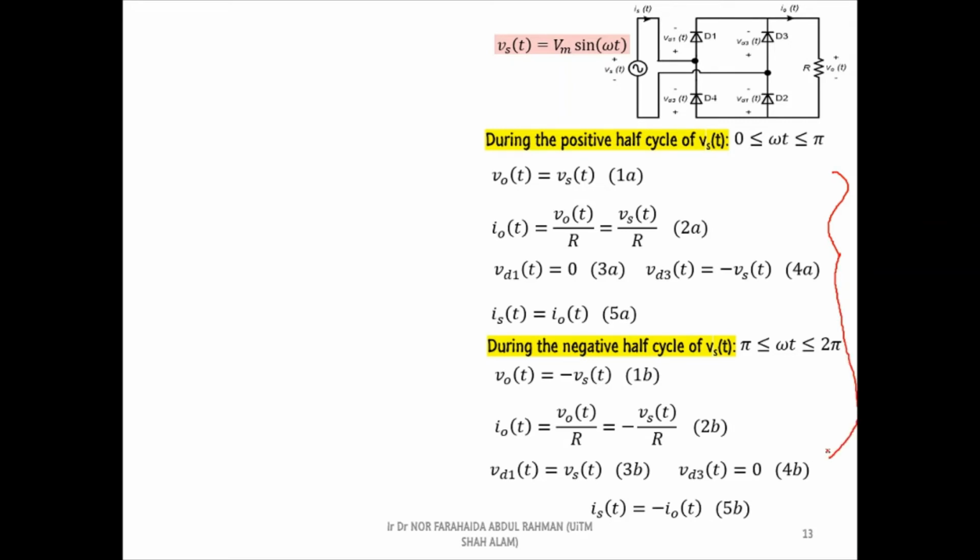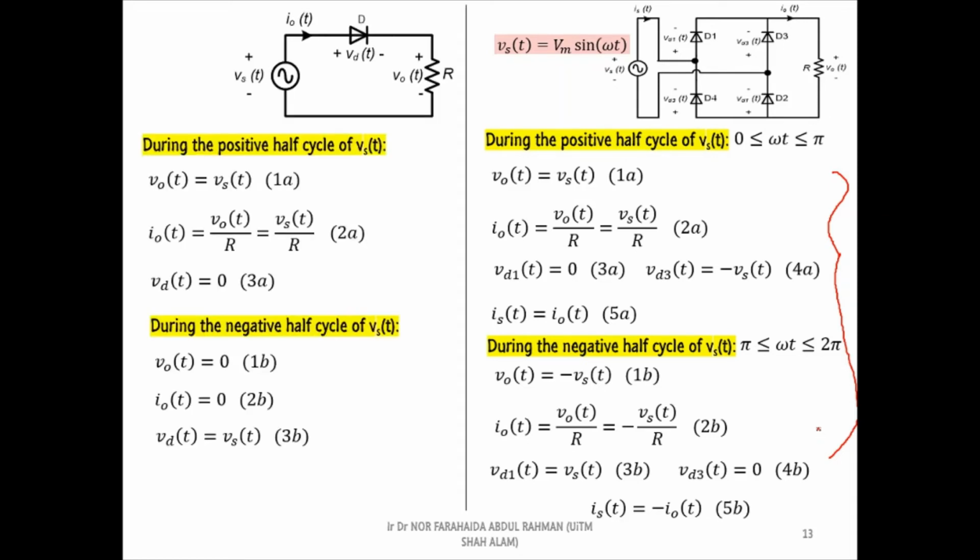To see the relationship between the full wave and the half wave rectifiers, let's study their voltage and current equations. Here we can see the similarity between the output voltage and output current equations of both rectifiers during the positive half cycle of the supply voltage.